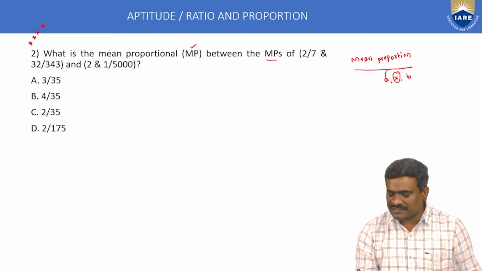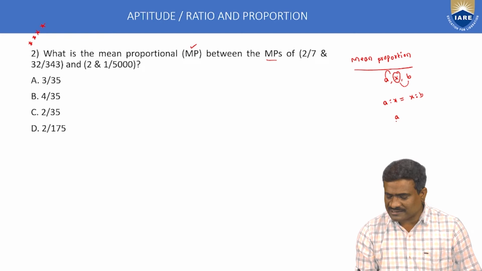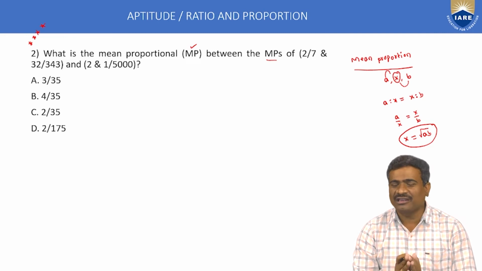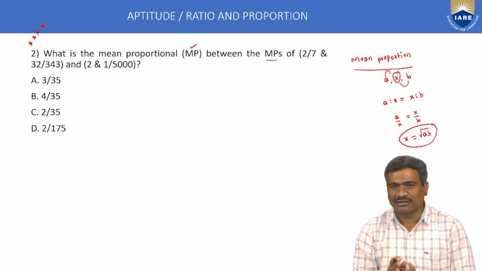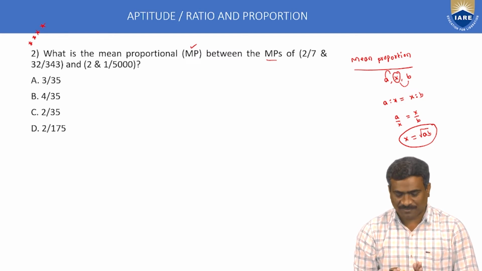Next, three numbers convert into two ratios. A is to x is equal to x is to b. That is the proportion definition. Next, a by x is equal to x by b. x is equal to root of ab. This is called the mean proportion definition, where a is called the first term and b is called the second term. Here x is equal to root of ab.